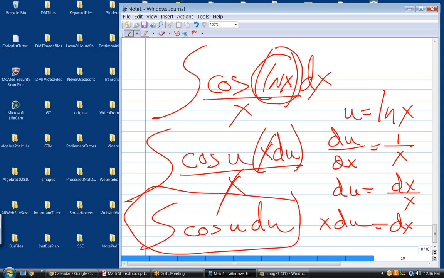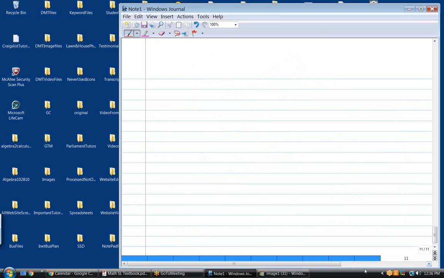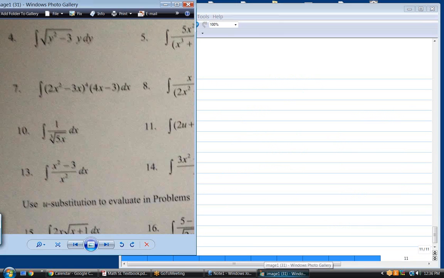But there are some functions, like natural log of x, which are going to put it in the denominator instead of the numerator. And so when you're looking for your pattern recognition on these kind of functions, you're looking for the derivative of the inside to be in the denominator. Then you can use u substitution. It's complicated, but that's kind of what you're looking for: where is the derivative of the inside?